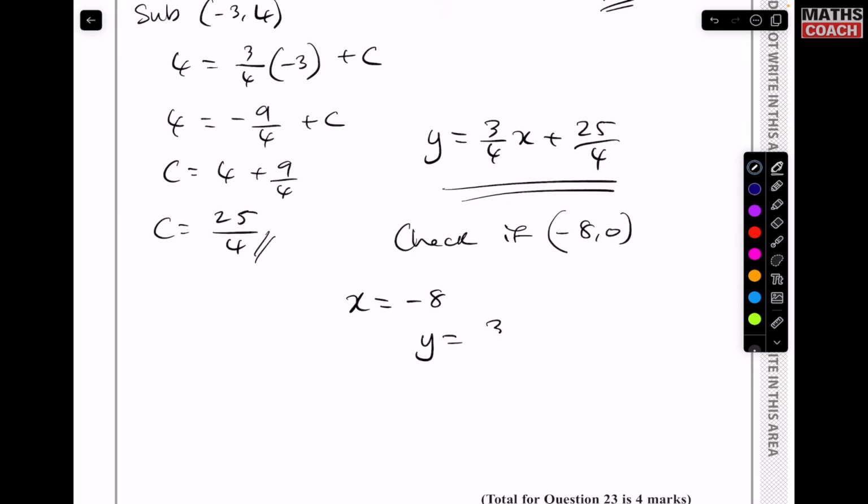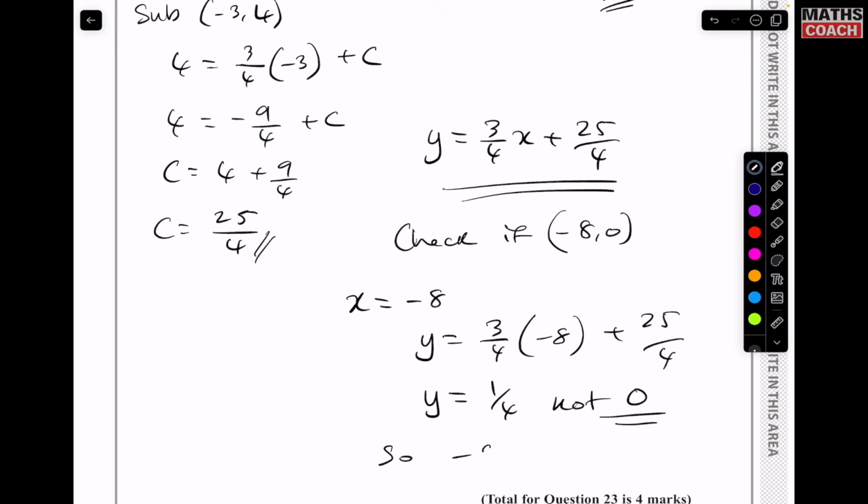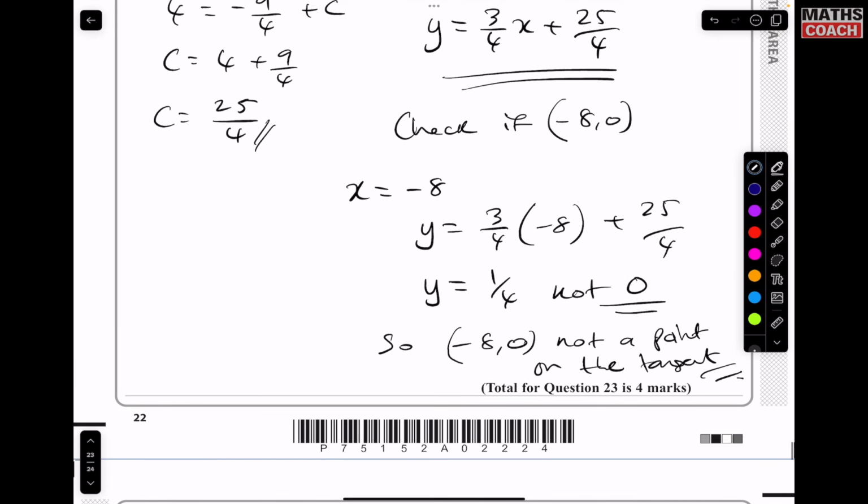So y is equal to 3 over 4 times minus 8 plus 25 over 4. What does that give us? It gives us 1 over 4, not 0. So minus 8, 0 is not a point on the tangent. So therefore, the tangent doesn't cross the x-axis at that point.